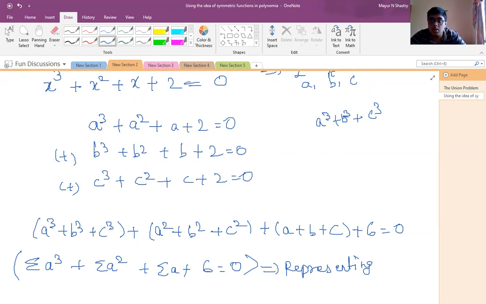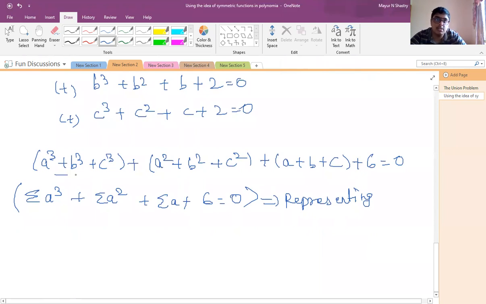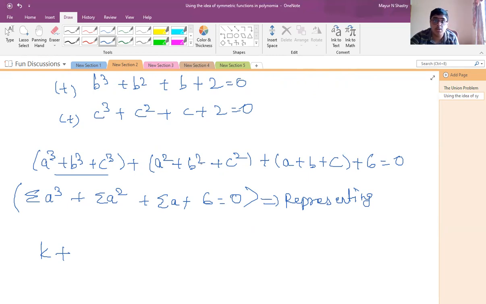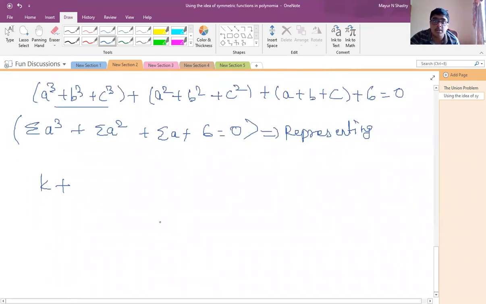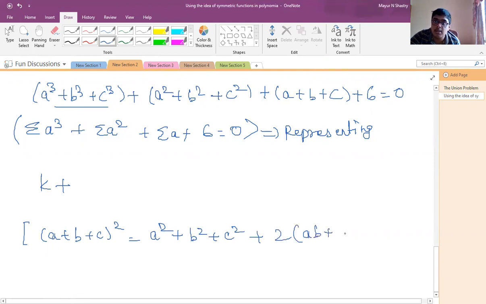So now I'm going to write this as just K because that's what we want to find. And this can be written as, we don't know much, a square plus b square plus c square. But we know an identity. So I'm going to use this identity: a plus b plus c the whole square is equal to a square plus b square plus c square plus 2 times ab plus bc plus ca.